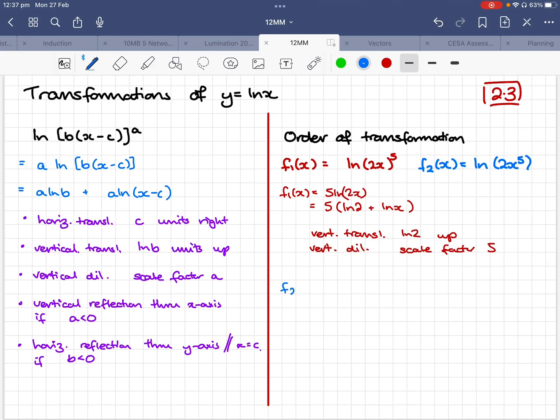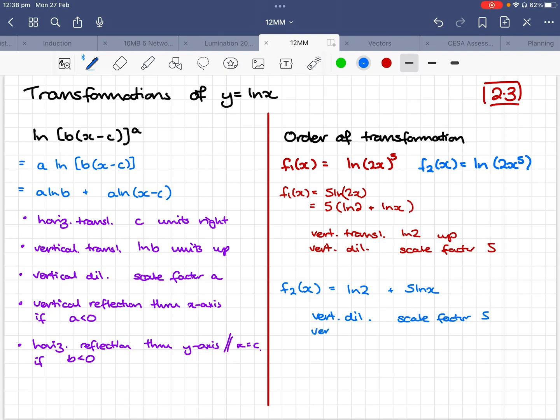When we look at the other one, here we've got ln of 2x to the power of 5. We can write this as ln 2 plus 5 ln x. When we're looking at this part here, we're multiplying it by 5, so this gives us a vertical dilation through a scale factor of 5.